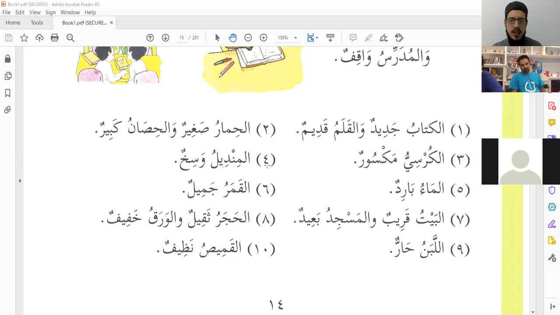The fourth example is al-mindilu wasikhun. We learned al-mindil, it was either a cloth or a handkerchief or a fabric. And wasikhun means dirty, the opposite of clean.